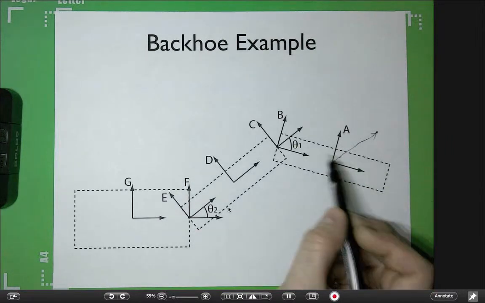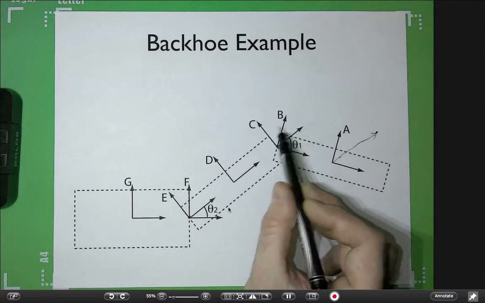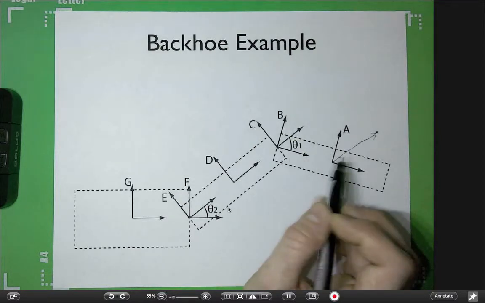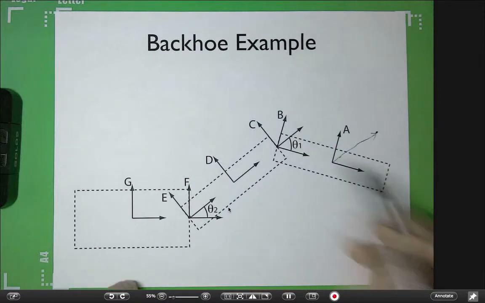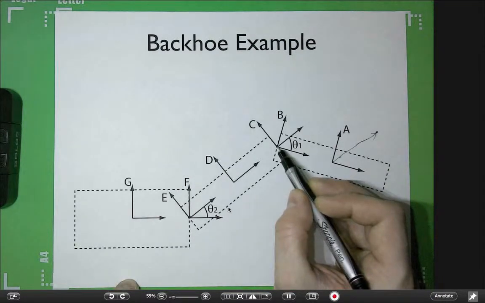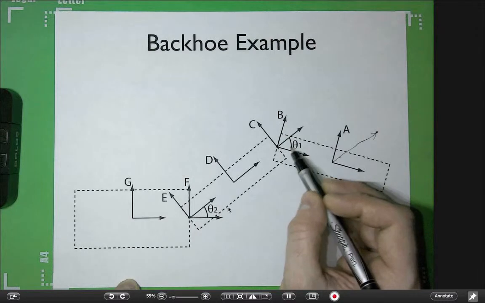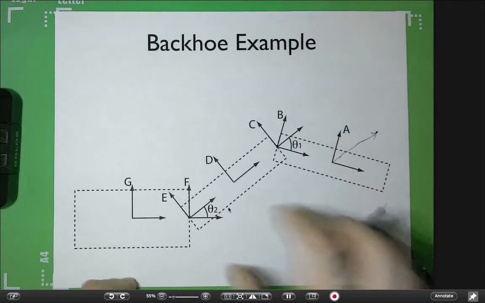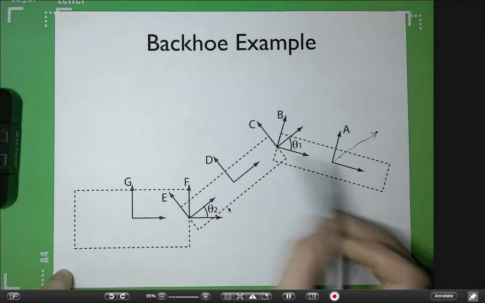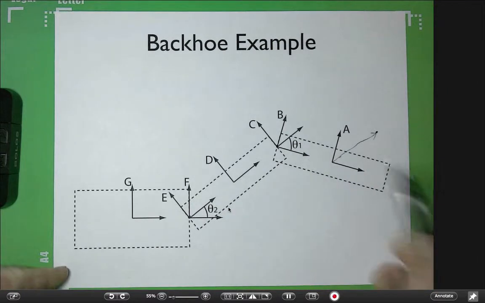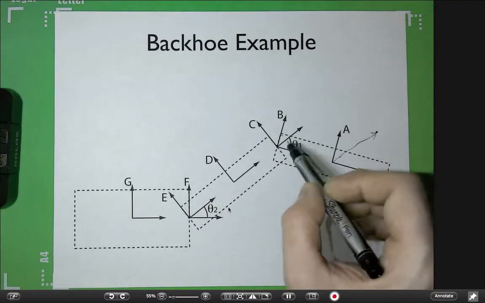So first look at what is the transformation between A and B. This is a rigid link, so that will be a constant translation. Now this thing is a rotational joint, so here's a parameter theta, which can vary. I suppose this thing is like a robot, so it can move. So the translation would be constant, but the theta would not be constant. So here would be some rotation.